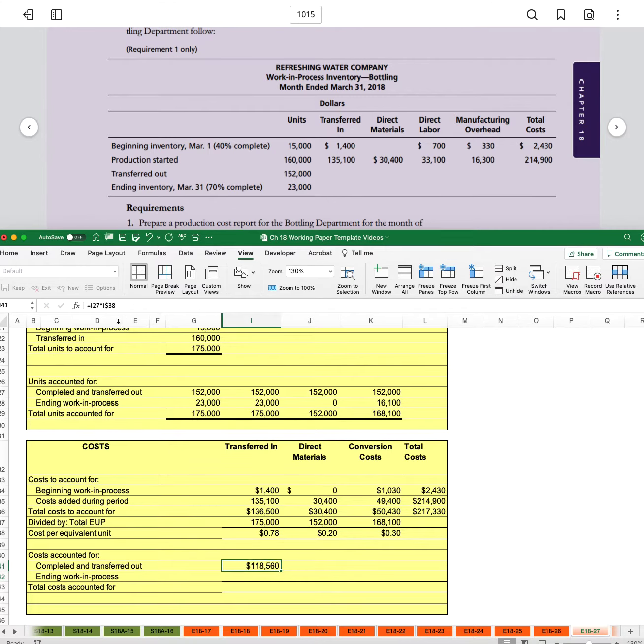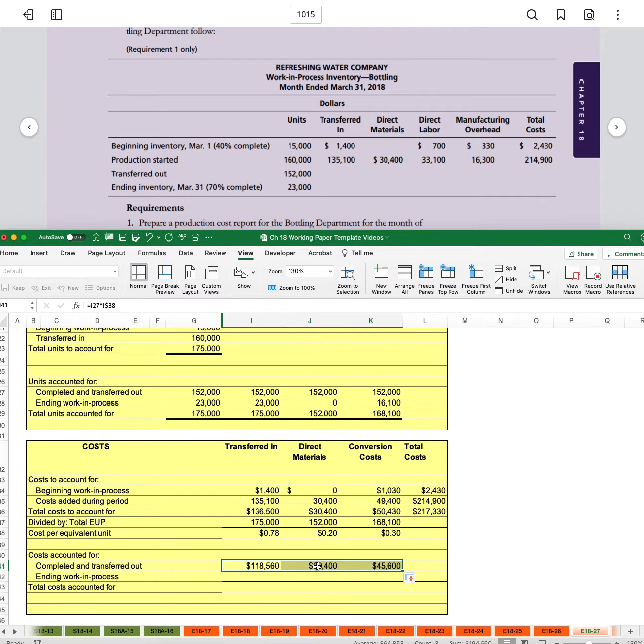So in the formula, you see that I have equals I-27, which is the units accounted for, completed and transferred out, times $38, which is the reference to the cost per equivalent unit. And the $ sign is locking in only the row, not the column. And that will allow us to drag it to the right.